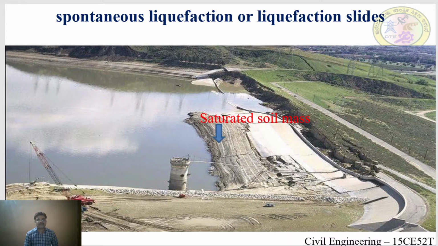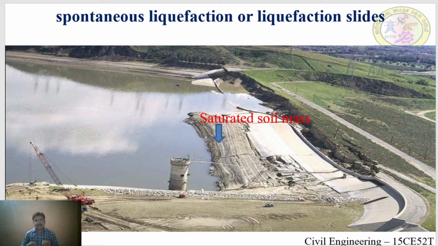Next, this is a pictorial representation which shows the spontaneous liquefaction where the saturated soil mass is present on the upstream side. When it gets mixed with the water, there is a generation of liquid from the solid soil mass.